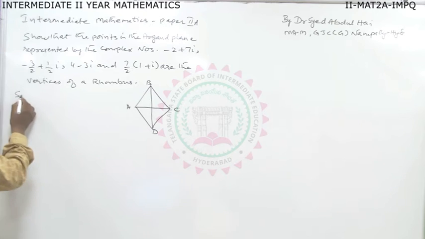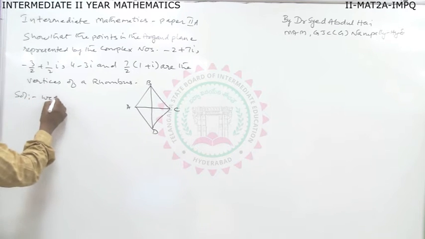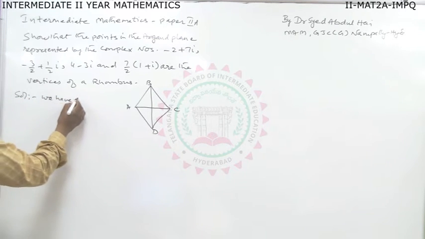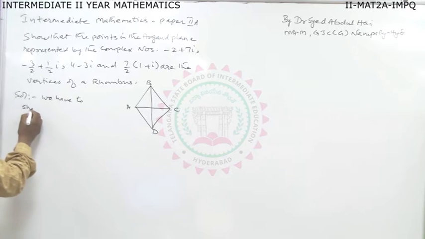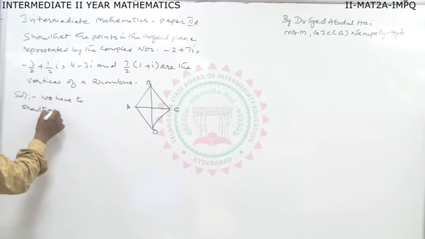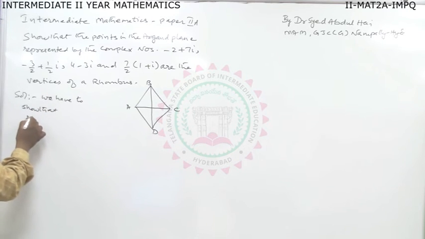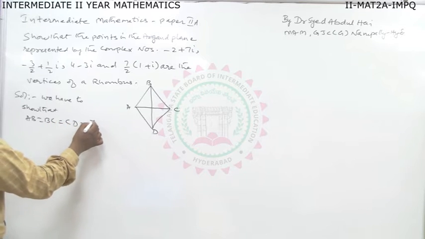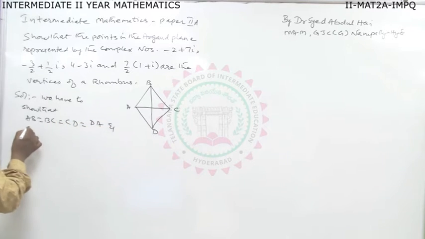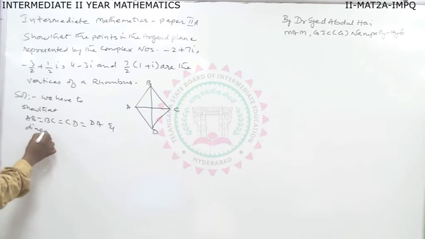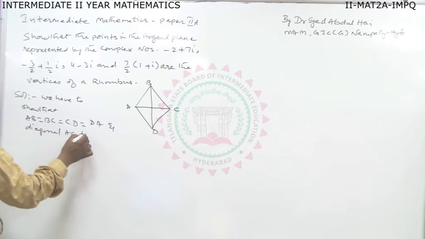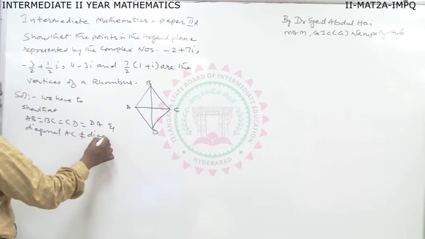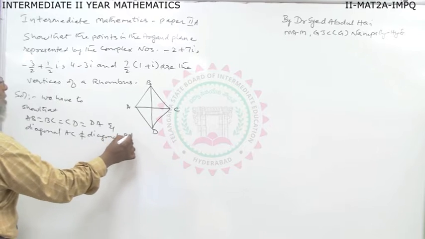Solution. So we have to show that AB is equal to BC is equal to CD is equal to DA, and diagonal AC is not equal to diagonal BD, right?